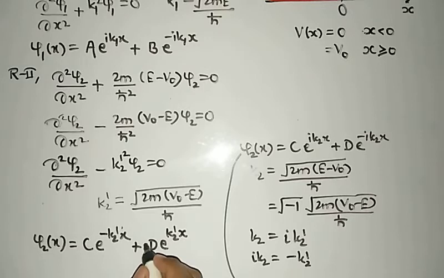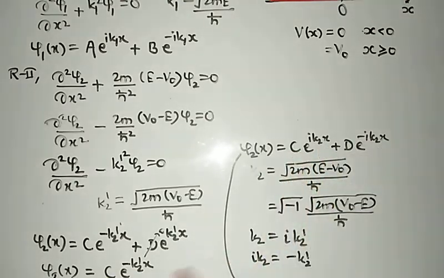But as we know there is no reflected part in region second, so this d will be 0. So finally psi 2 of x will be c e to the power minus k2 dash x. So this is an exponentially decreasing solution. Something different is here, and on the basis of the difference we will get a different result.